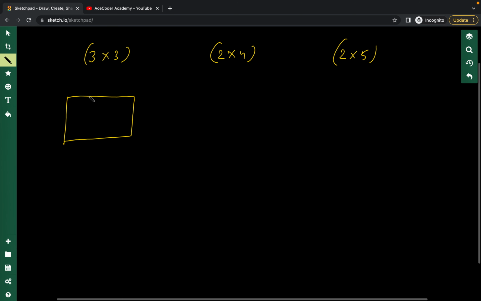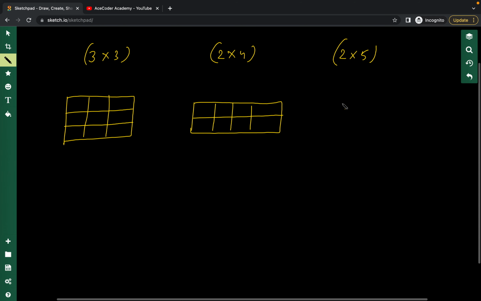So this is our 3 cross 3 matrix, this is 2 comma 4, and this is the 2 comma 5 matrix.